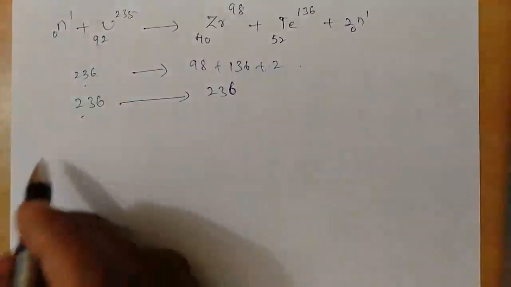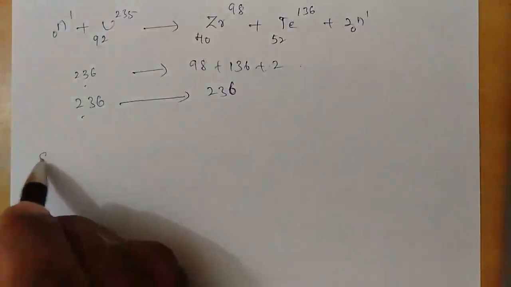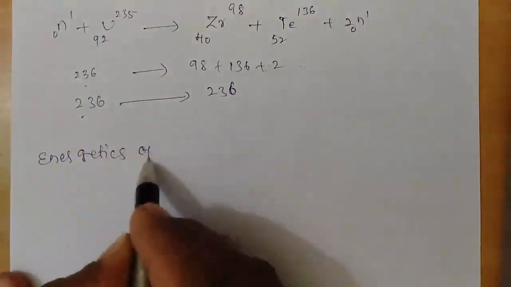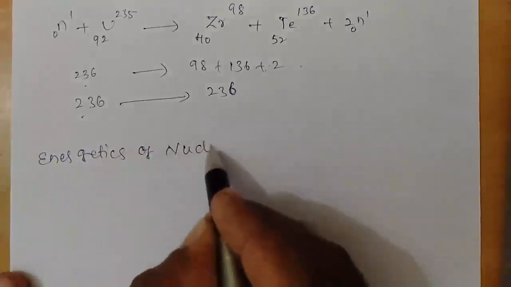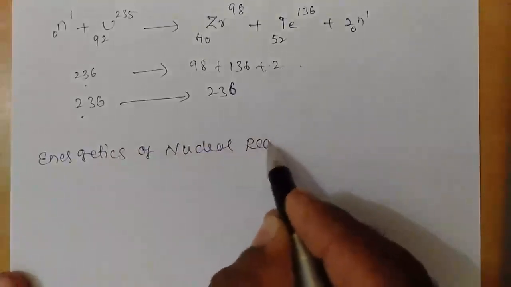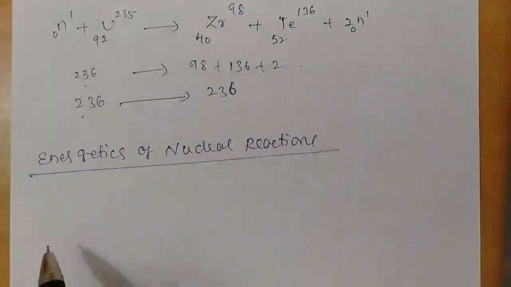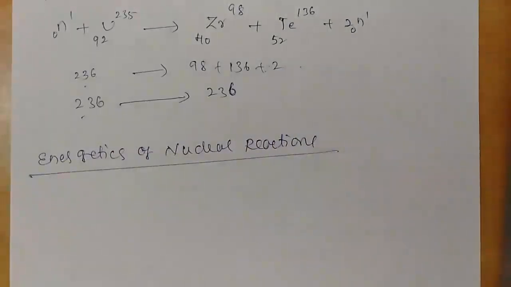So let us look at the next part of nuclear reactions, that is the energetics of nuclear reactions. During any nuclear reaction, either energy may be released or energy may be absorbed.